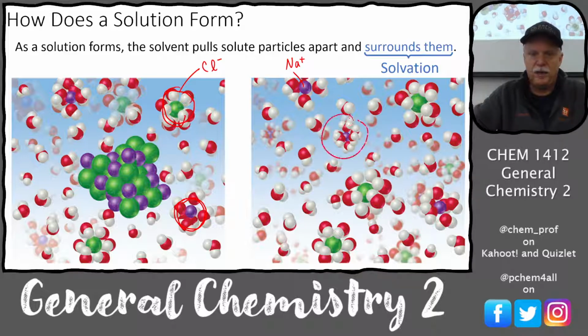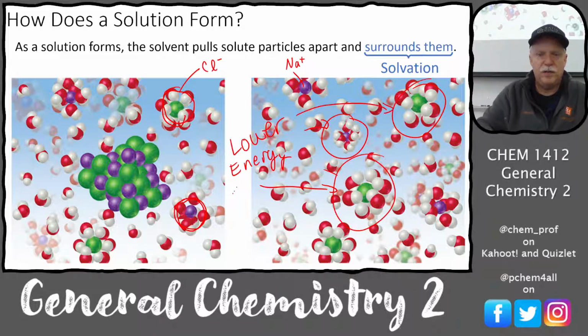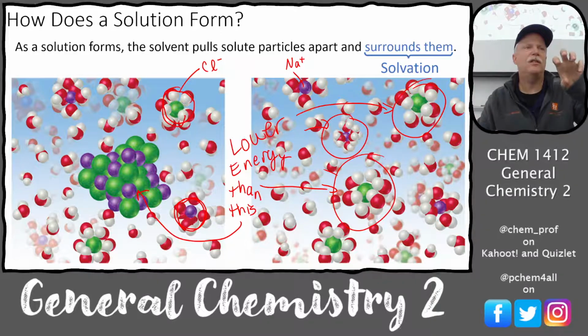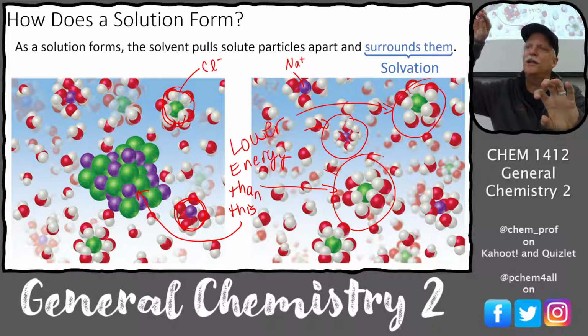And all of these associations here are lower energy situations than this, right? If the crystal was the lowest energy, it would just sit there and water couldn't break it apart because it would be going uphill energetically.